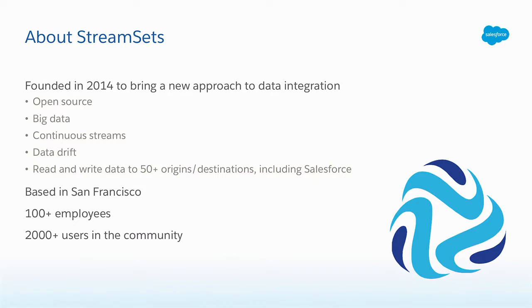So they founded Streamsets. 4 years down the line, we have 50 or so data stores, message queues, and so on we can read-write data to, including Salesforce. We're based just down the road here, and we're over 100 employees now, and 2,000 users in the community that I look after.